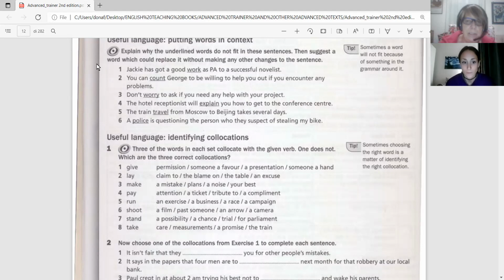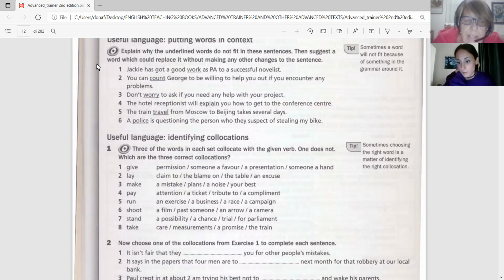Okay, let's start. Jackie has got a good work as a PA to a successful novelist. Good job, because work is a verb, and job is the noun.